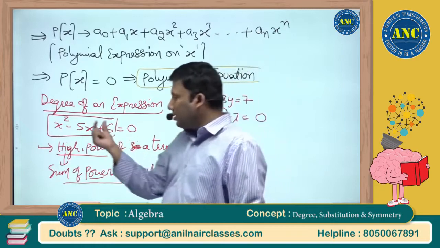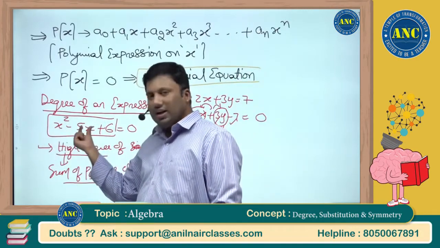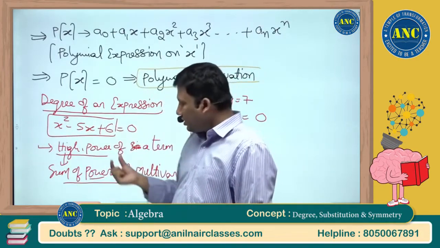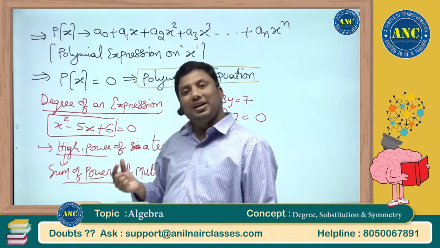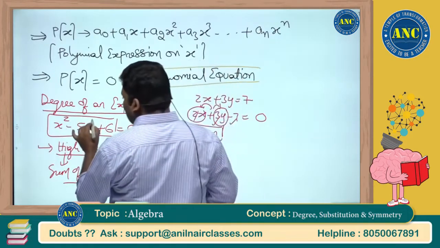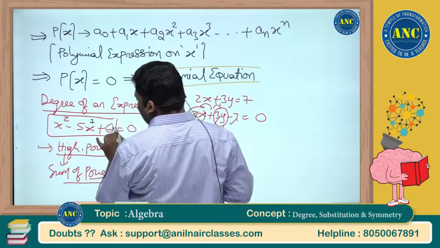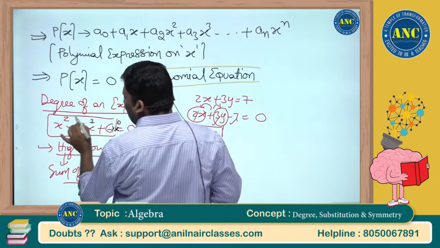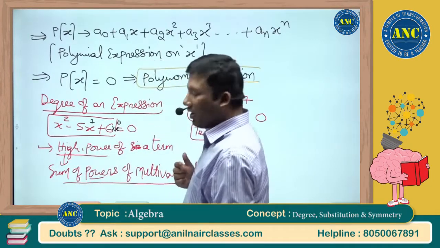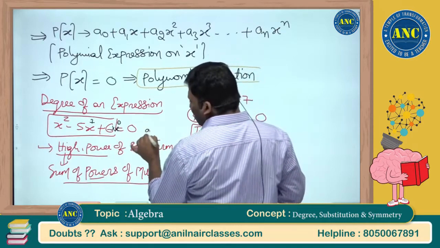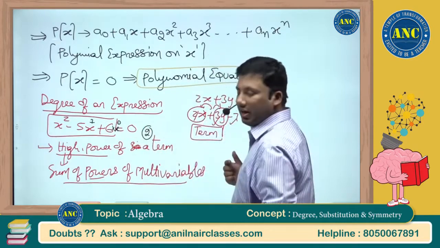There are 3 terms: x square, 5x, and 6. If there is a single variable, the powers are 2, 1, and 0. What is the highest? It is 2.